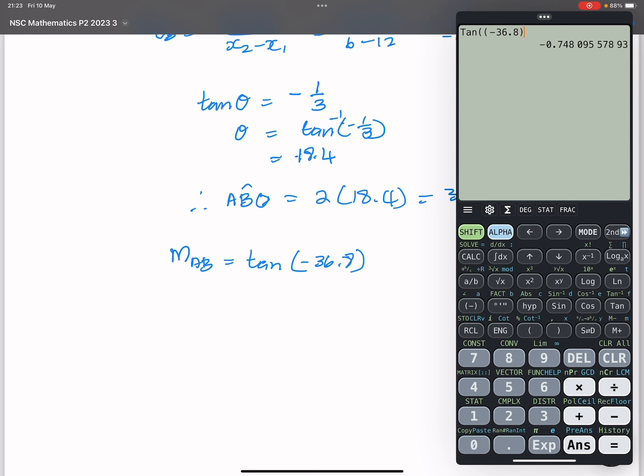Let me do this: that would be a tan of 180 minus 36.8. Yeah, I get the same value as well. So that would be negative 0.78. If you don't mind, I'm just going to say this is 0.75. So that's minus 0.75. I couldn't get that to be a rational value.